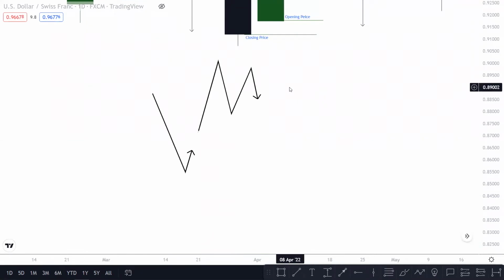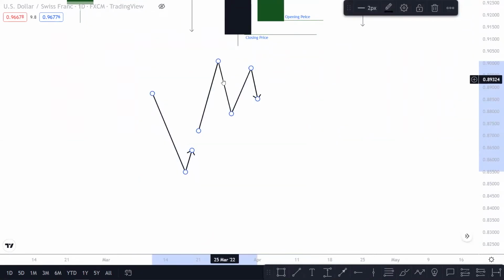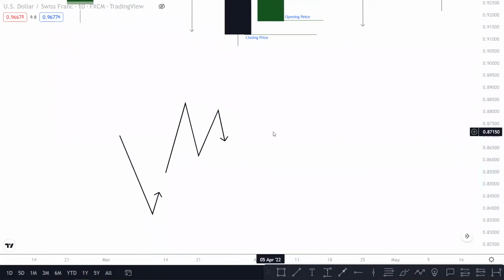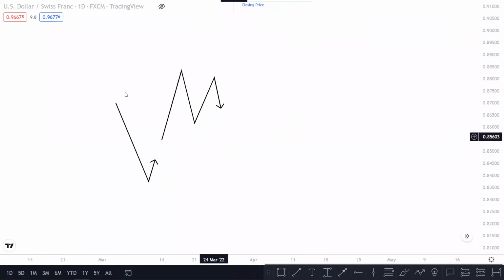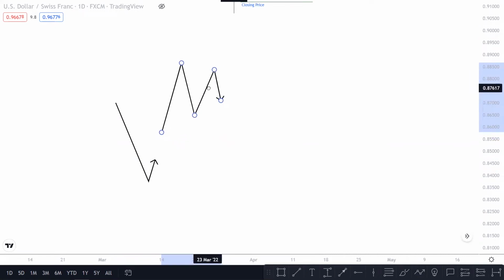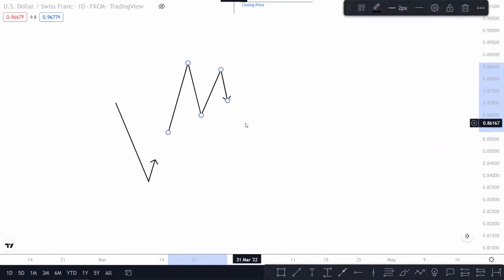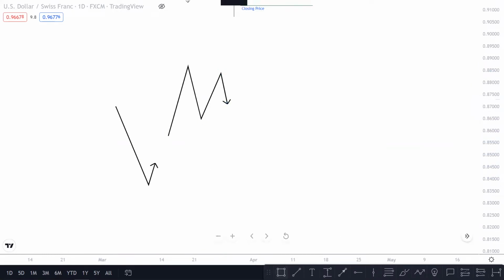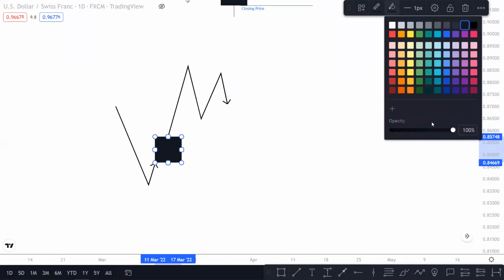Now, if we have the news events this week, I will look at which day we have the news, or maybe it's a Tuesday, or maybe Wednesday, or maybe a Thursday. So I will mark this imbalance. I will mark that area.